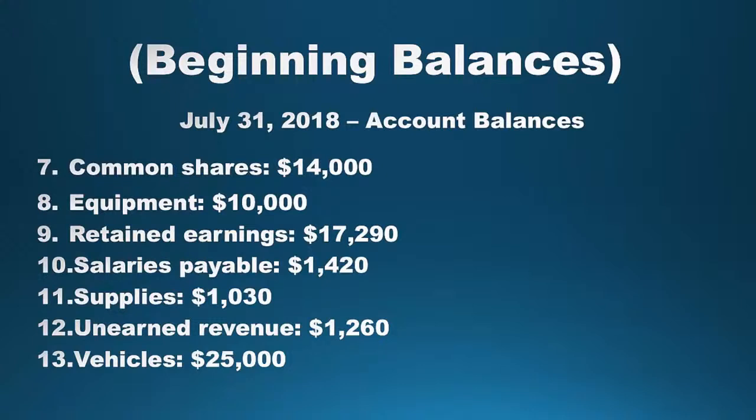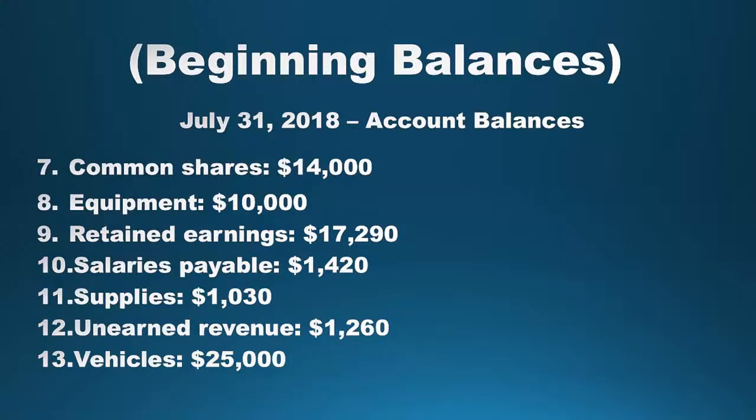Equipment, $10,000. Retained earnings, $17,290. Salaries payable, $1,420. Supplies, $1,030. Unearned revenue, $1,260. Vehicles, $25,000. Now, we're going to write these amounts as the opening balance for each account in the ledger.